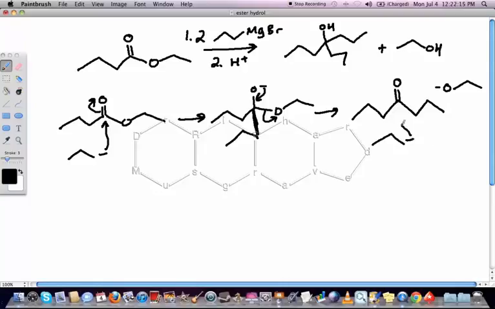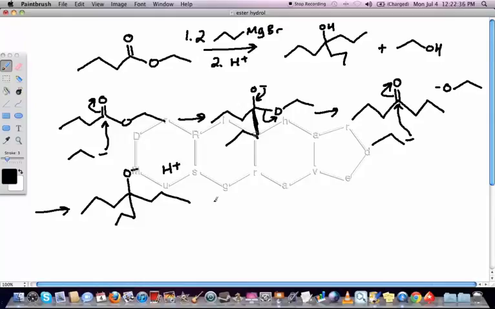But since we've got two equivalents available, the second equivalent will come in and attack the C double bond O. And then we've got our O negative.